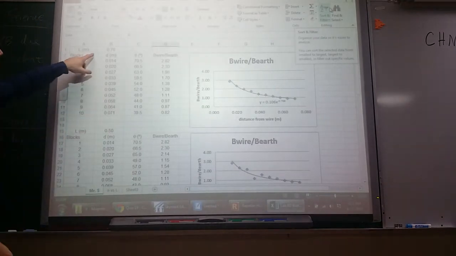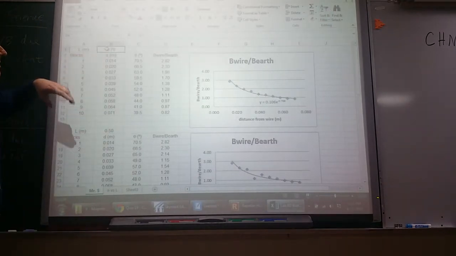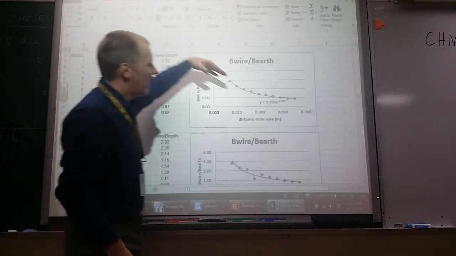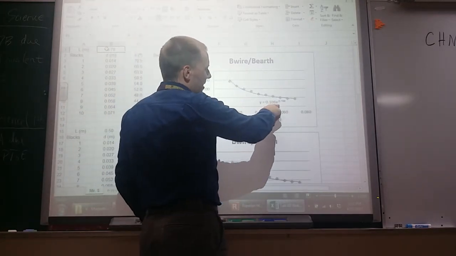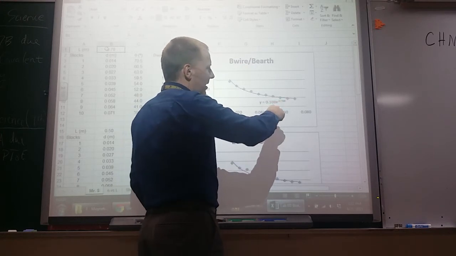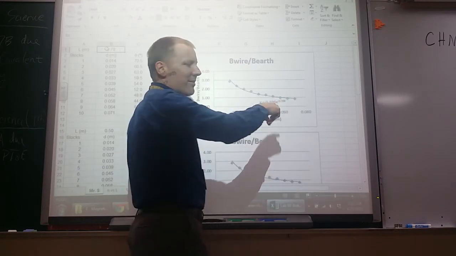Here I had a length of 0.7 meters, and when I plotted it, it had this curve, which was 0.1 times the distance r to the negative 0.788.